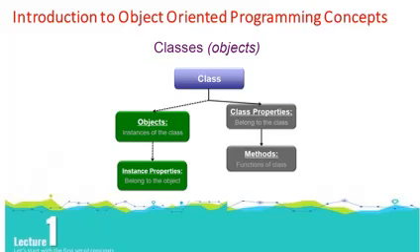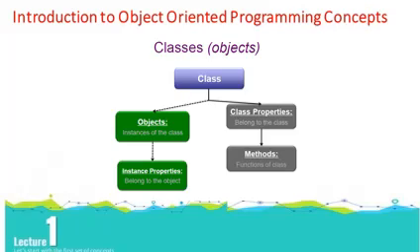Now moving ahead, in this we'll learn about what are classes. As I explained earlier, a class is nothing but a group of objects which has some common characteristics and behavior.